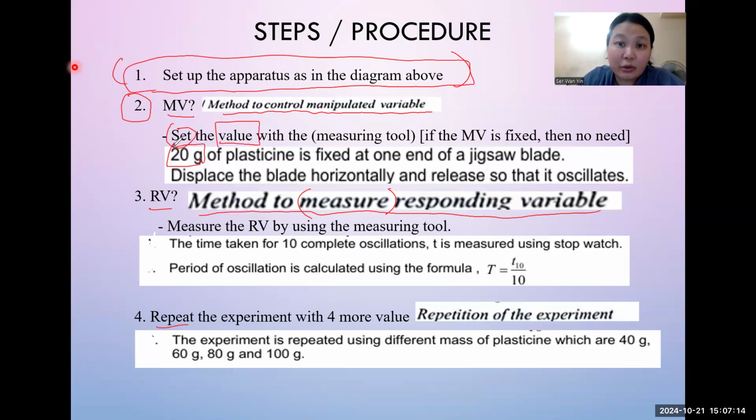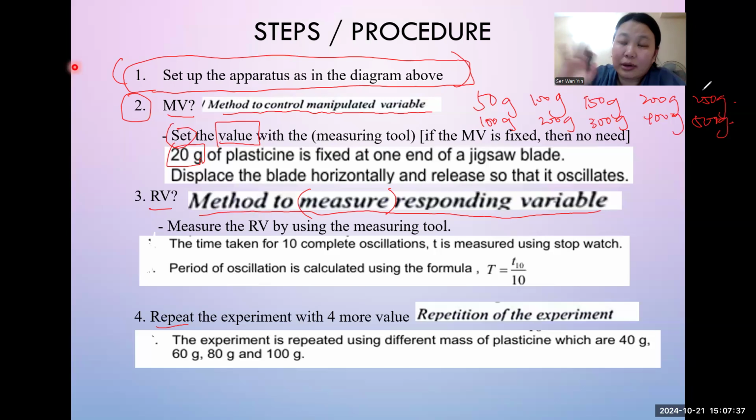Don't memorize the value, because the value sometimes changes. It might change to 50 gram, 100 gram, 150 gram, 200 gram, 250 gram, or to 100 gram, 200 gram, 300 gram, 400 gram, 500 gram. Not sure. Don't memorize the value. Refer to the value they give.